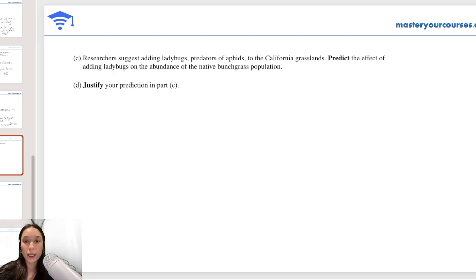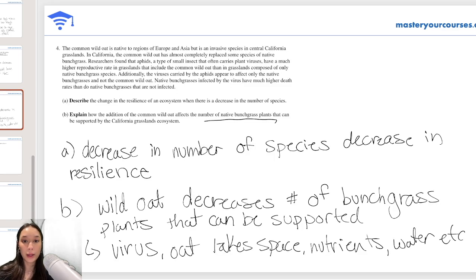So if the ladybugs eat the aphids, you should see a decrease in aphids, right? So if I see a decrease in aphids, we'll go back to the question. The aphids carry plant viruses and have a much higher reproductive rate in grasslands that include wild oat. So the wild oat plants are basically bringing in these aphids, and the aphids affect the native bunchgrasses by giving them higher death rates.